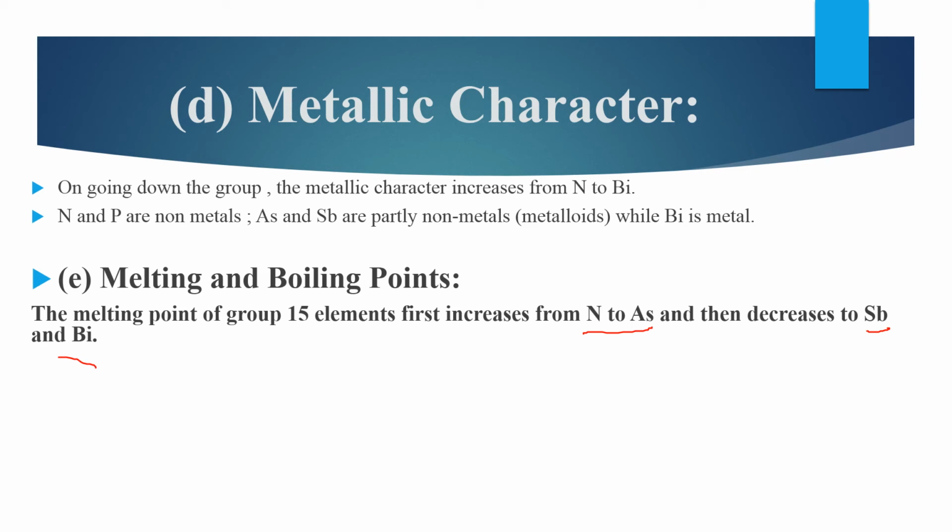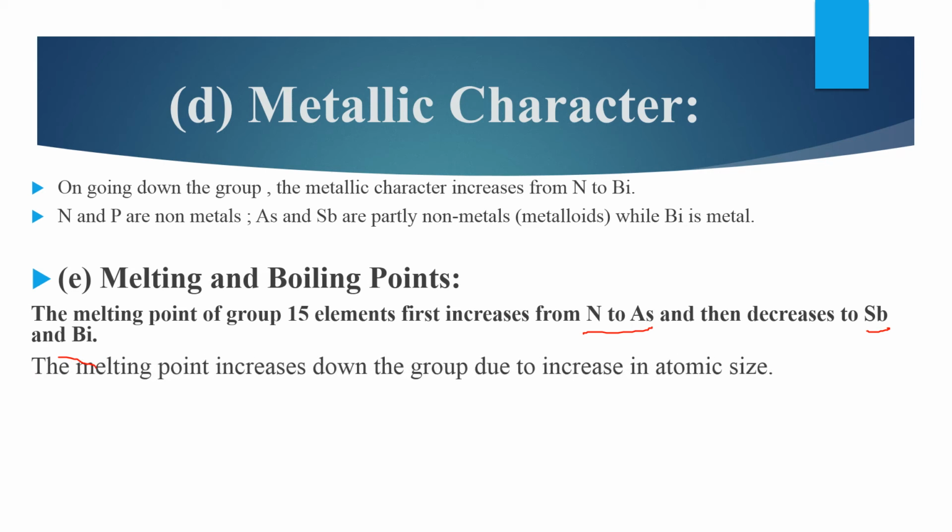Now what happens in group 15 elements, generally the melting point increases down the group due to increase of atomic size. We know that the melting point is directly proportional to atomic size.